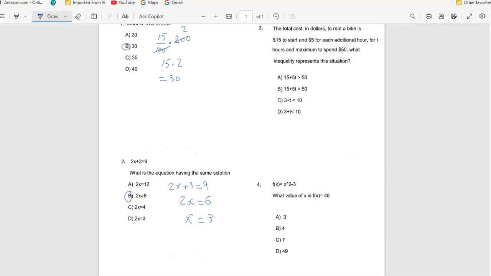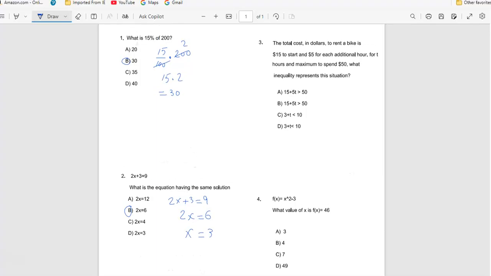Alright, let's go to the third one here. The total cost in dollars to rent a bike is $15 to start, and $5 for each additional hour, for a maximum of $50 spent.